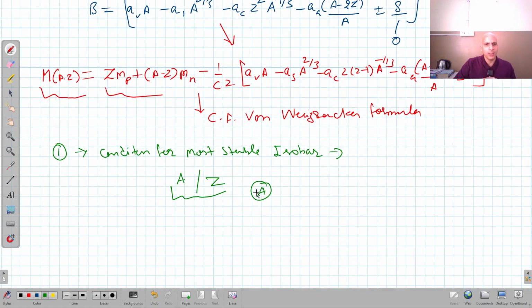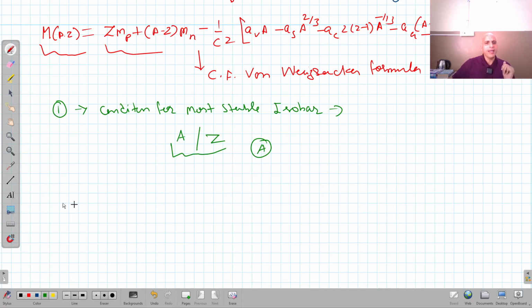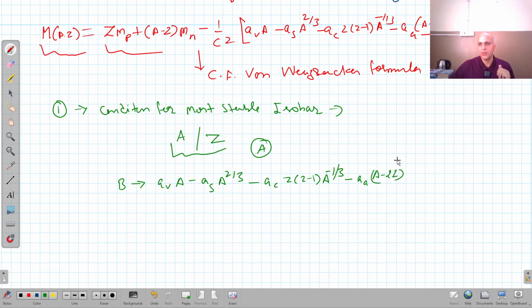So if I want to find the condition for stability, then I have to utilize the binding energy relation, which was written as: binding energy equals a_V into A, minus a_S A^(2/3), minus a_C Z into (Z − 1) A^(-1/3), minus a_sym (A − 2Z)² divided by A, plus or minus delta.